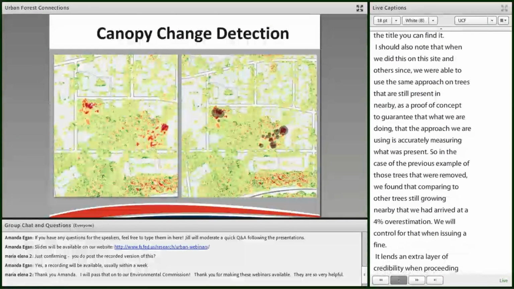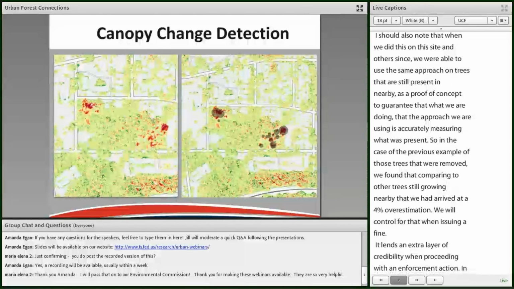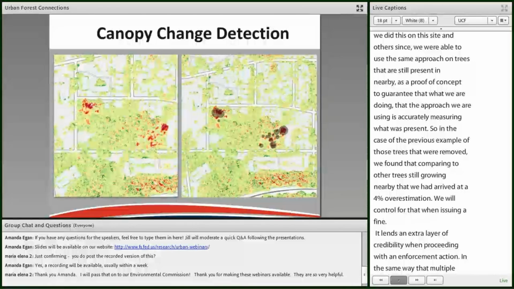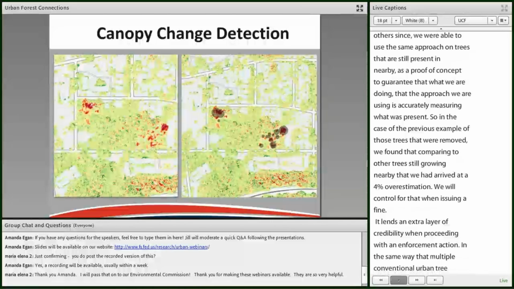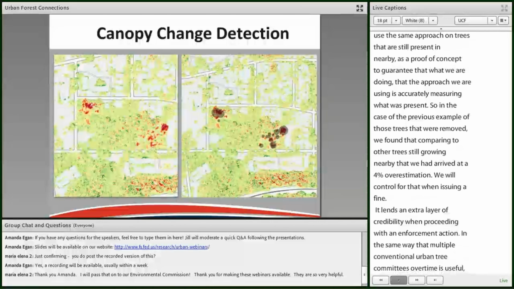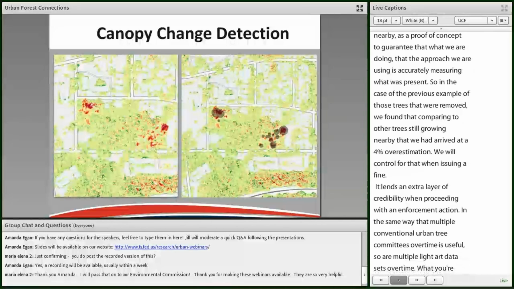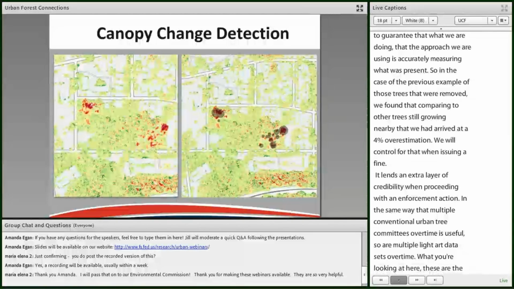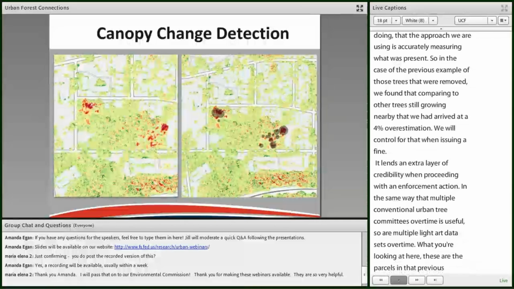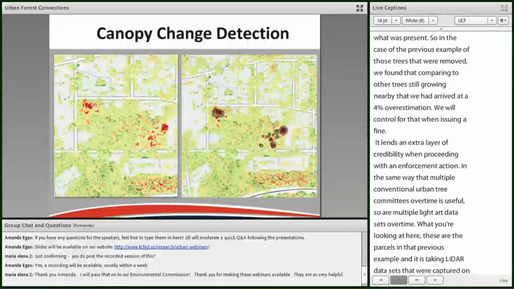Okay, and so in the same way that multiple conventional urban tree canopy studies over time is very useful, so are multiple LiDAR data sets over time. And so what you're looking at here, these are the parcels in that previous example. And it's taking LiDAR data sets that were captured when the trees had been present, and then more recently after they had been removed.